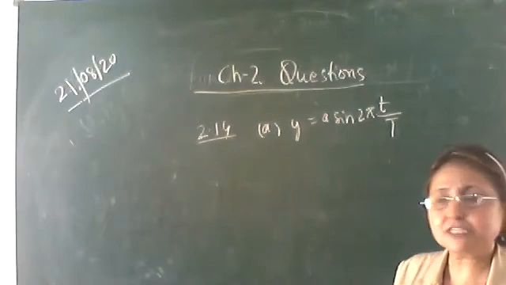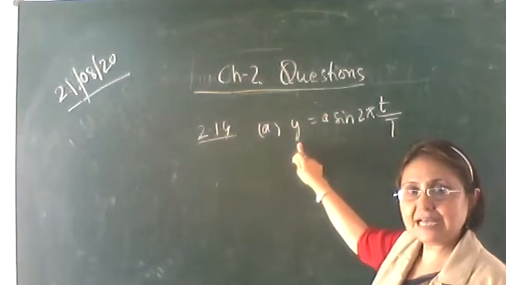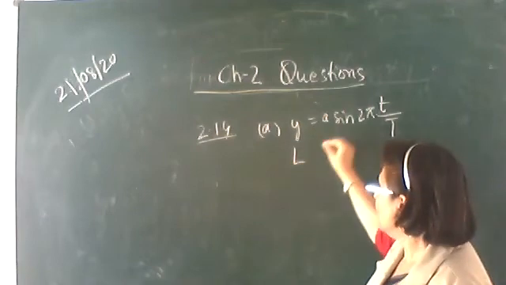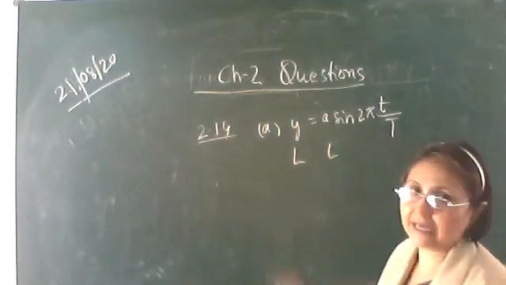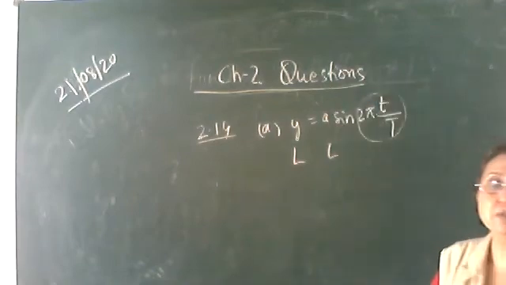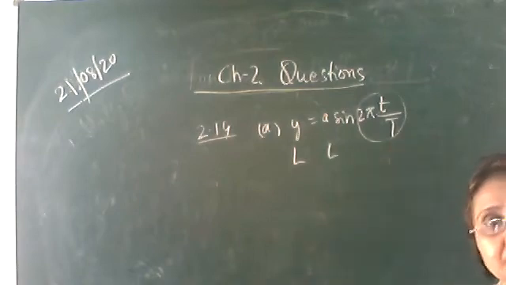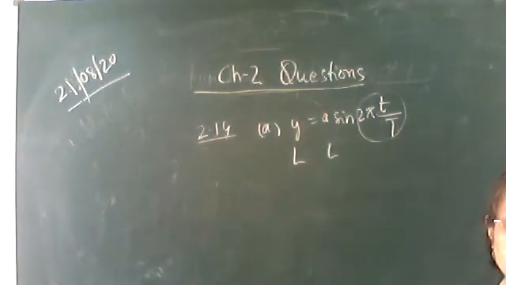So displacement has a dimension L, amplitude has a dimension L, and we know that this sine theta should be dimensionless. As we have already studied, sine theta is perpendicular upon hypotenuse. Perpendicular is some length, hypotenuse is some length, L upon L, it should be dimensionless.